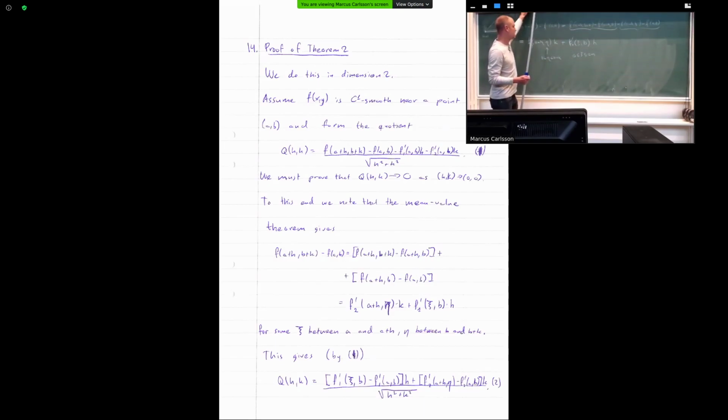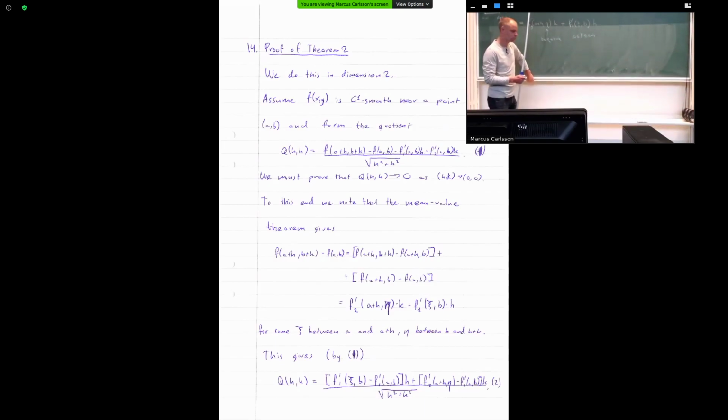So if I write out my r of h comma k, it will be f prime x at psi comma b minus f prime x at a comma b, times h. This part comes from here, and the other part comes from the linear terms in this expression for r that just went up on the blackboard.